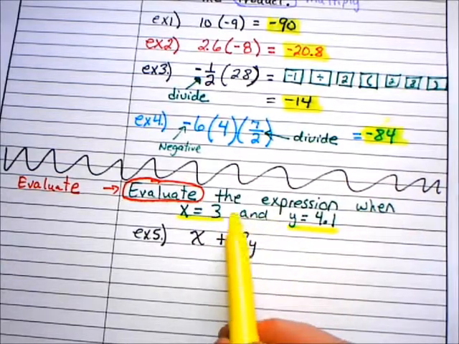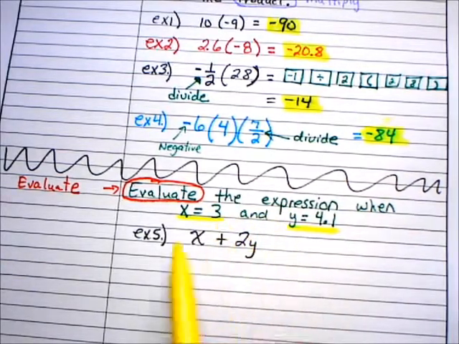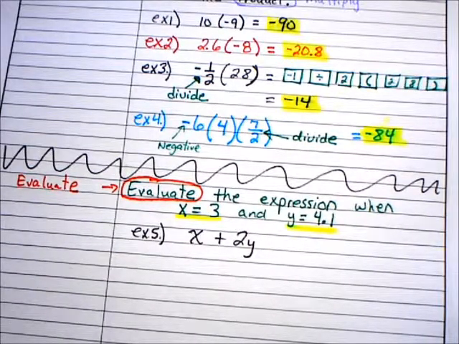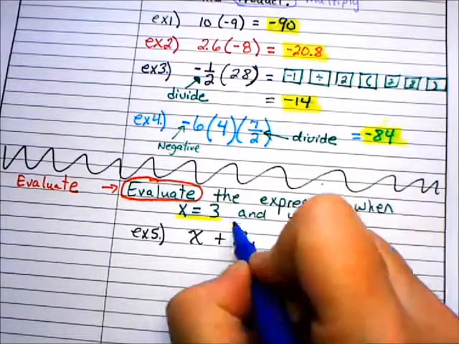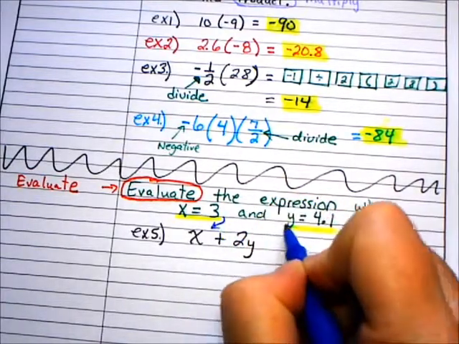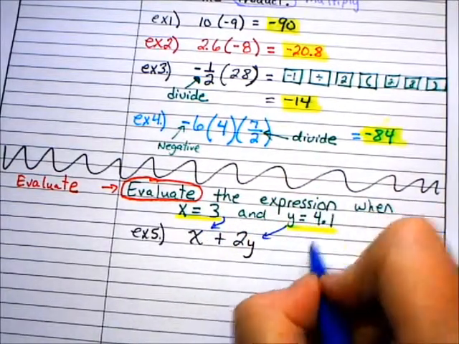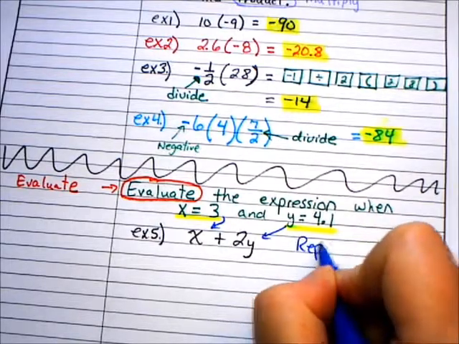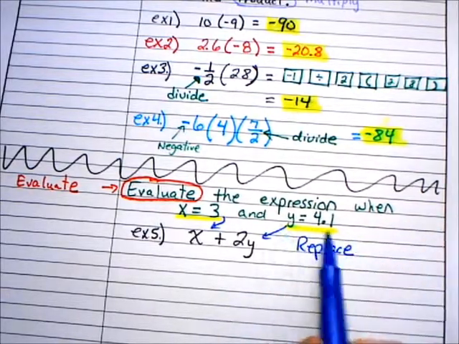What am I going to do with that x and that y with this expression? Well, hopefully you answered it, because with those two expressions I'm going to replace what they actually equal.